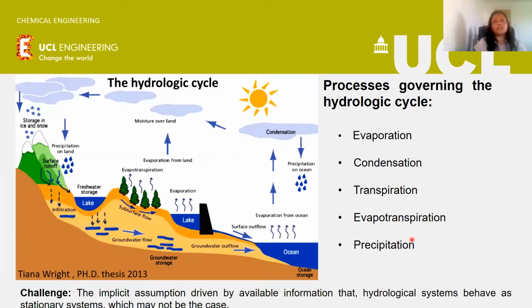So that was UCL, but on a global scale, it all starts with the hydrologic cycle. I think most of you are familiar with the hydrologic cycle and the processes governing it, for example, the evaporation, condensation, transpiration, evapotranspiration, and precipitation. Where do we begin in the hydrological cycle? It's a cycle, so there is no beginning, there is no end.